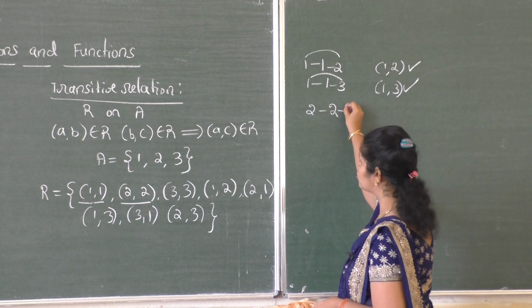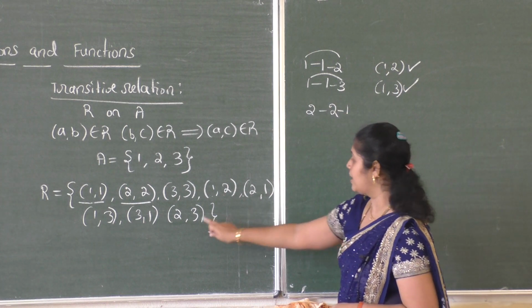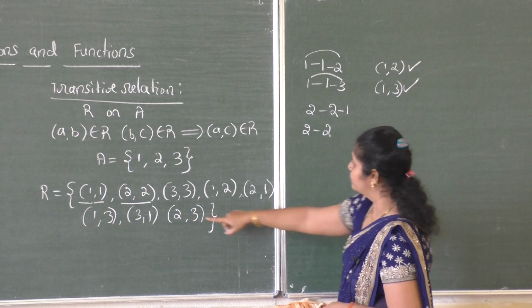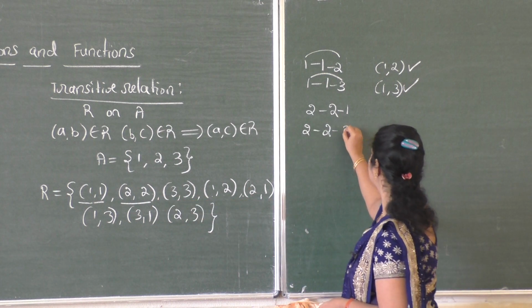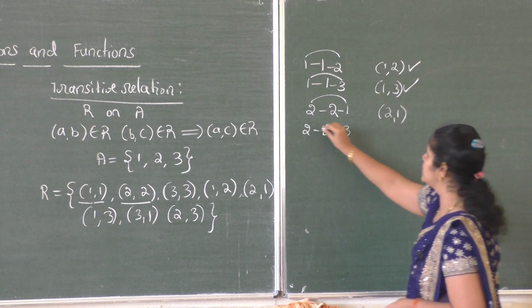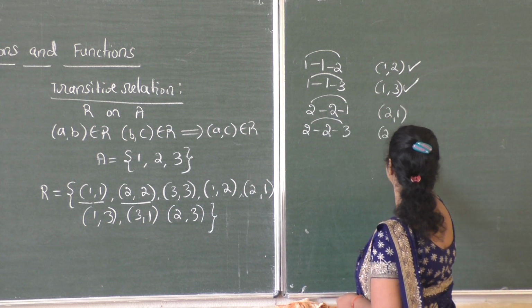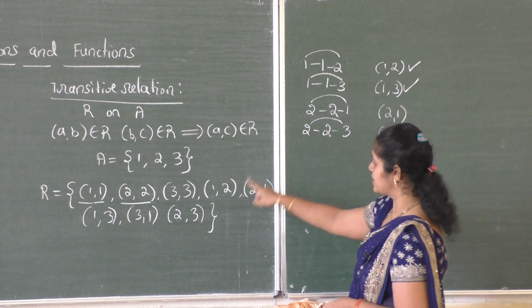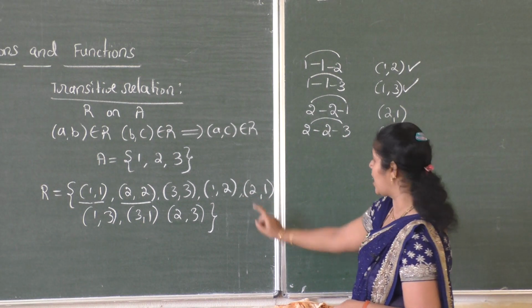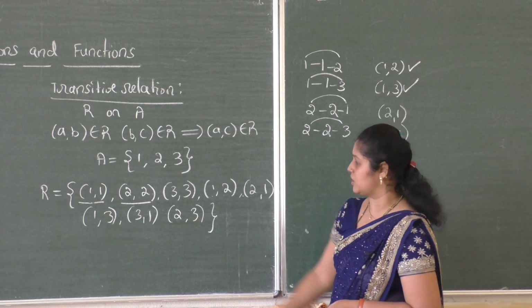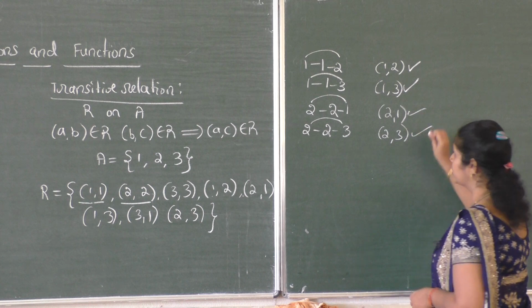As a result we get ordered pair (2,1) here, and here we get (2,3). Now you can see (2,1) is there in the relation R, and (2,3) is also there in relation R. So I am putting a right mark.